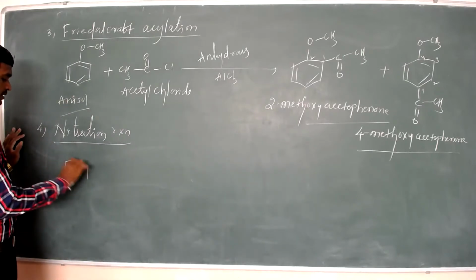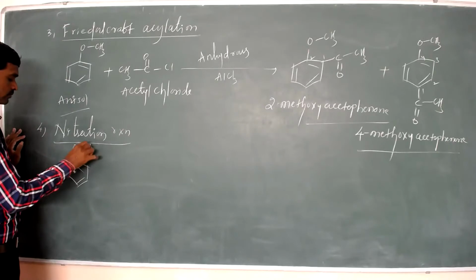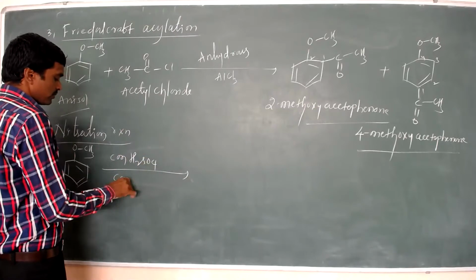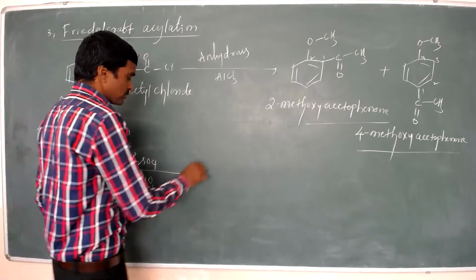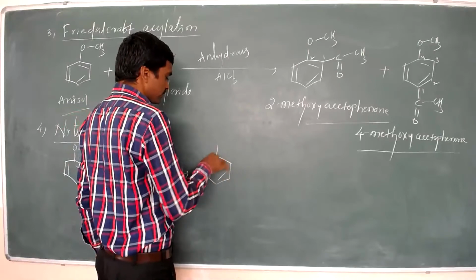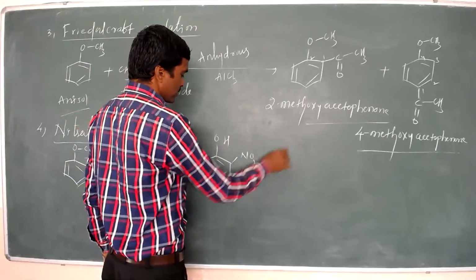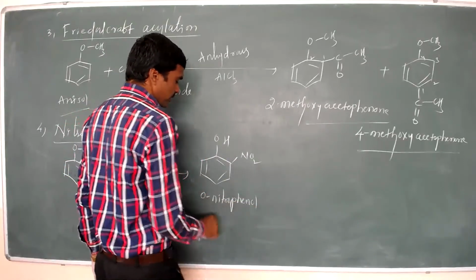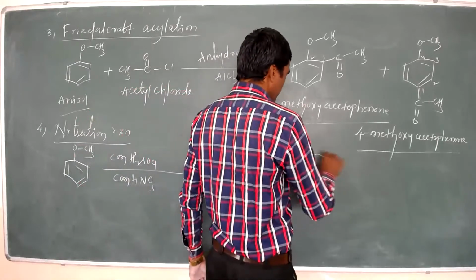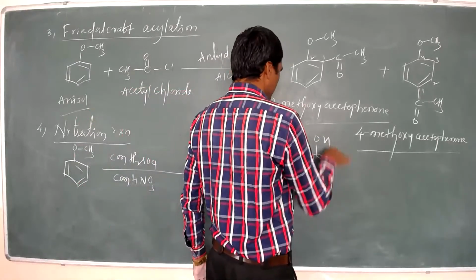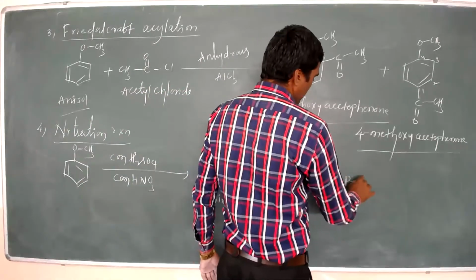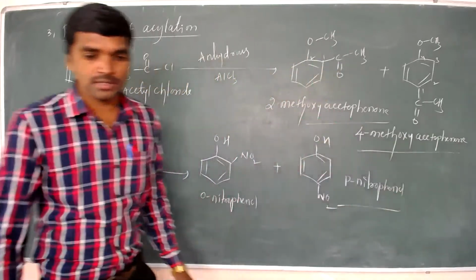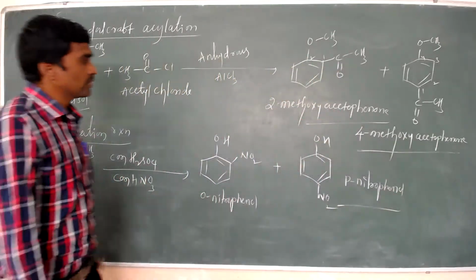Now see, the same anisole reacts with concentrated H2SO4 plus concentrated HNO3, then formation of ortho-nitroanisole plus para-nitroanisole. This is the product that will be formed.